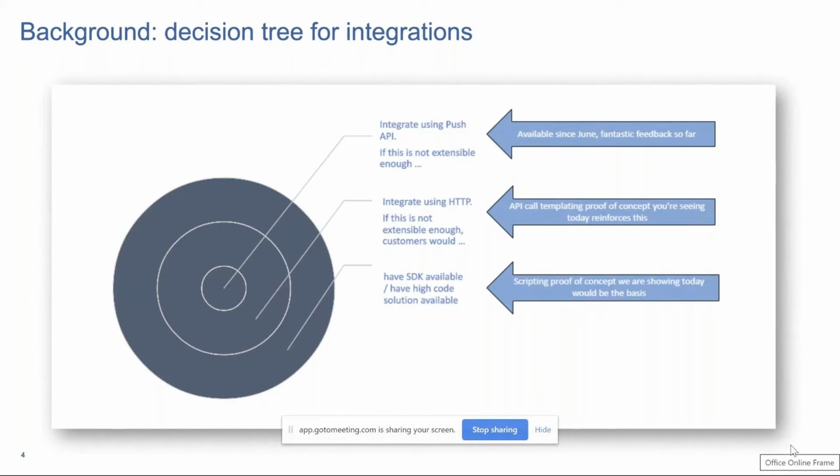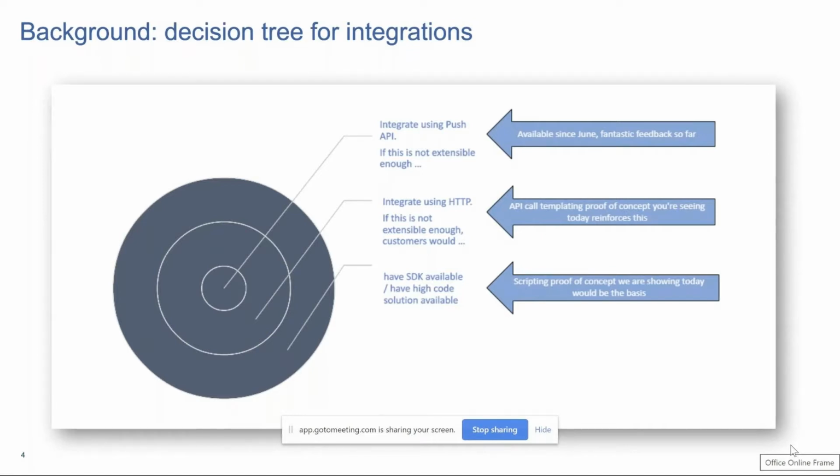And if this is not extensible enough, the users would have an SDK available, which is a high-code solution. Just briefly, to comment on the availability of these integration mechanisms: the push API and the webhooks have been available since June.